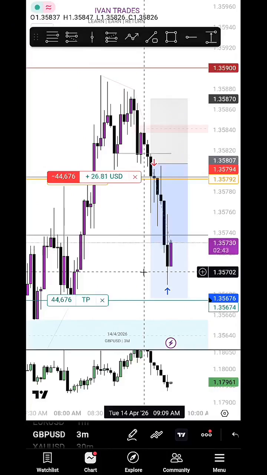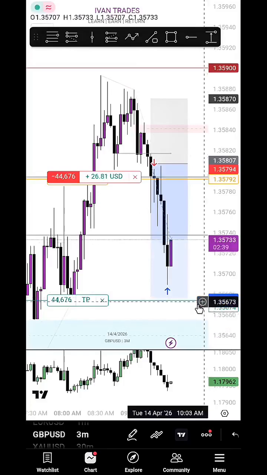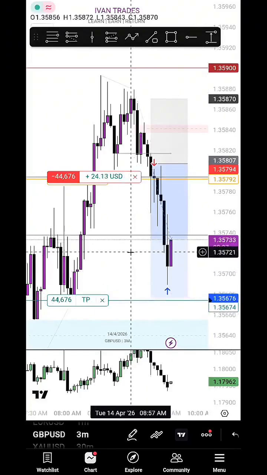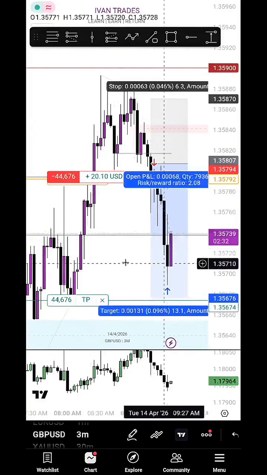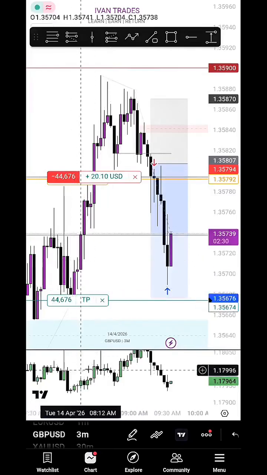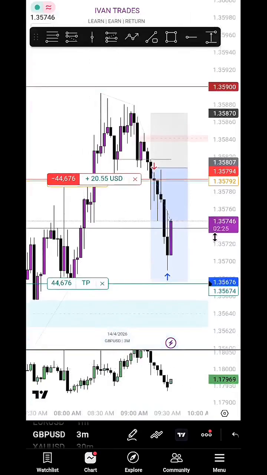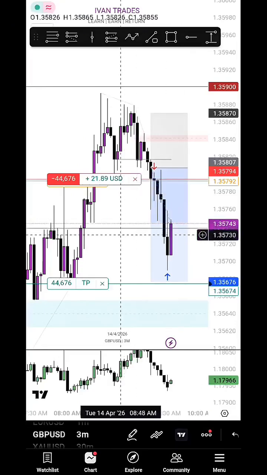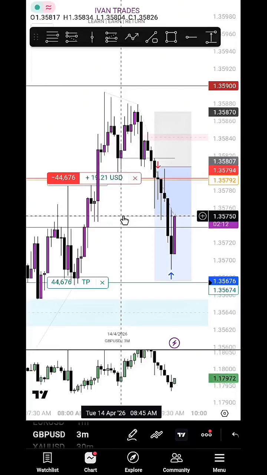Because I don't want to sabotage the trade. So I already set an alert which will be triggered when the price reaches this low right here.